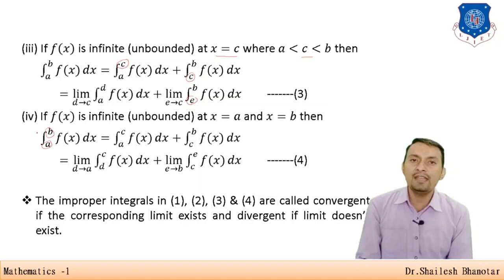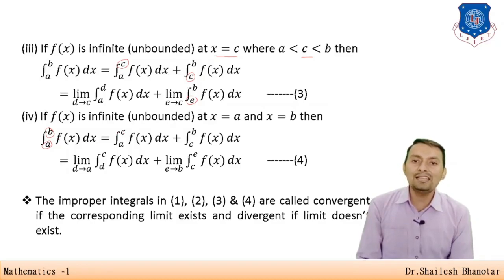If f of x is infinite or unbounded at x equals a and x equals b, that means at both the lower limit and the upper limit the function is unbounded. In that case we assume any constant c between a and b, so that f of c is a finite quantity.